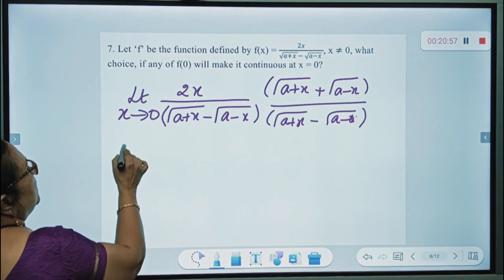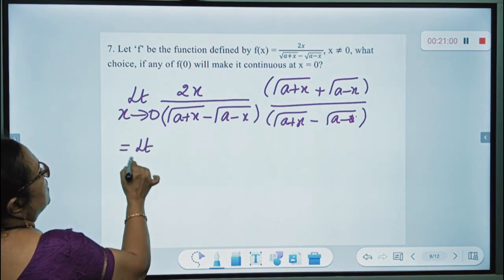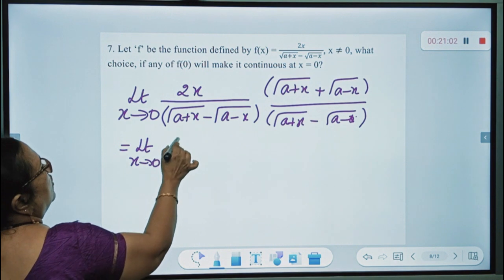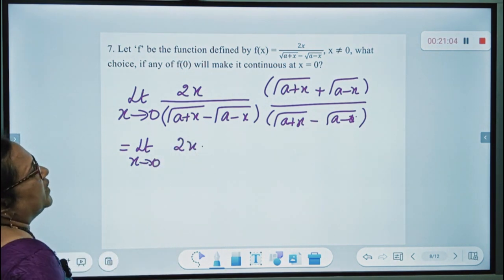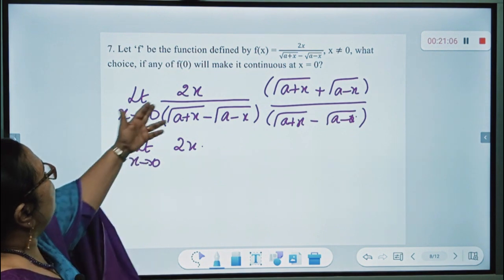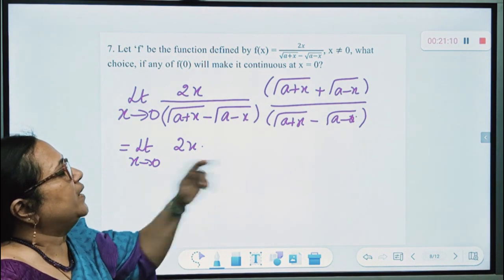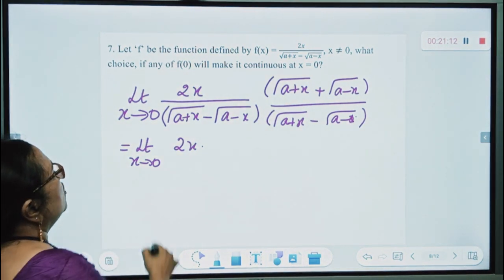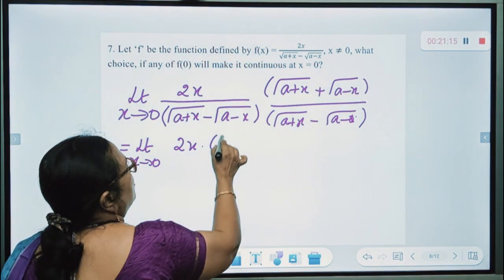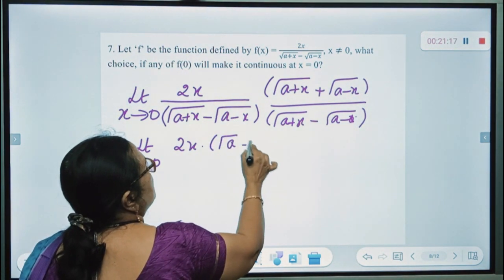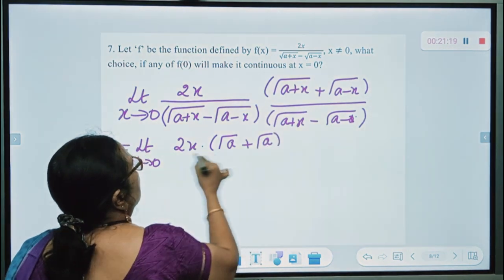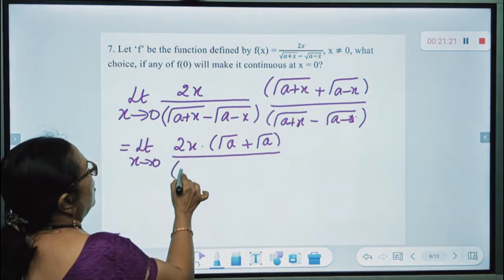Now this will be limit x goes to 0, 2x. Okay. Now directly if you substitute 0, you will get 0 by 0 form. That is why we are multiplying by the conjugate. So what will be the numerator? This will be root a as x tends to 0 plus root a. Now what will happen to the denominator?